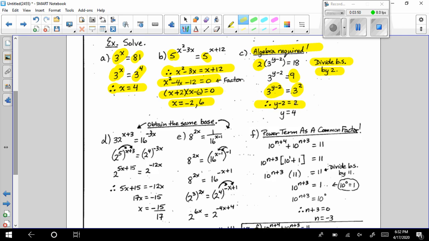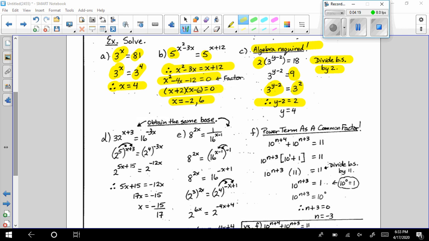I write my therefore symbol down. y minus 2 equals 2, and a little bit of algebra gets me to y equals 4. Again, if you wish, you should pause this video and just do a quick check for yourself mentally that when you sub in a y value of 4 into the left side, it gives you the same value as on the right side. And I encourage you to do that with any of these questions.